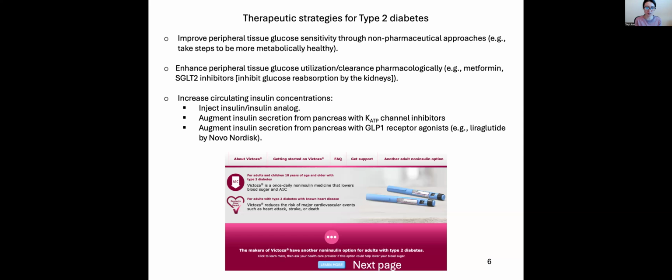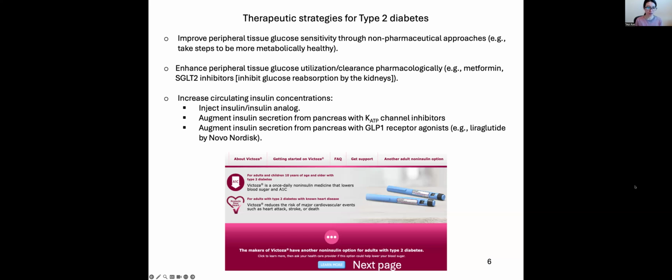So that's exactly what scientists thought, and what they did. They found inhibitors to inhibit SGLT2, therefore stopping the reabsorption of glucose from the filtrate. Therefore, the glucose can just be peed out, eliminated with urine. So that's another way for treating type 2 diabetes these days.